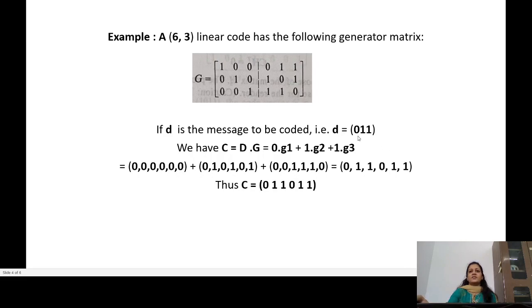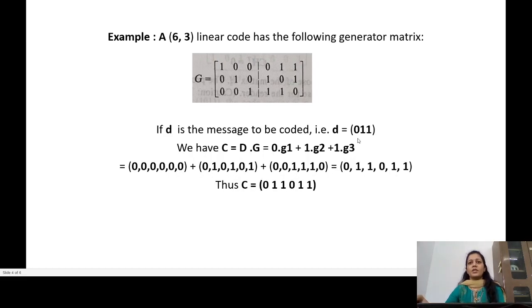Let us take D is equal to 0, 1, 1. So if I take D is equal to 0, 1, 1, my D will appear here. I am performing D into G for generation of C. Okay.